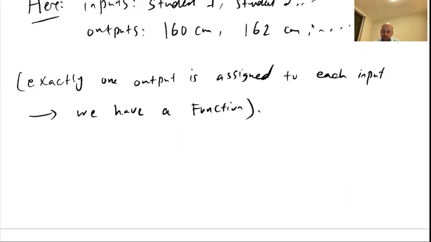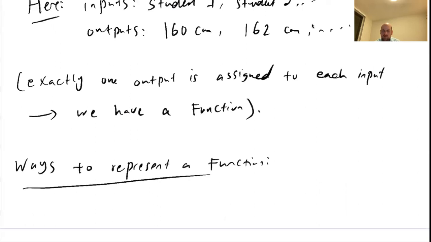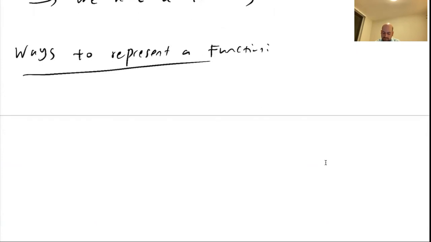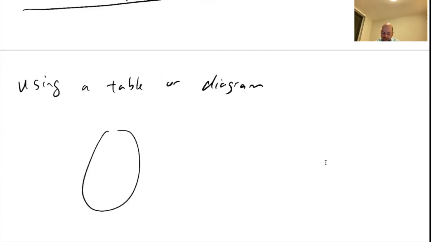Now, the ways to represent a function. We can use a table or we can use a diagram, for example. Let's say, for example, we can sometimes say it this way.